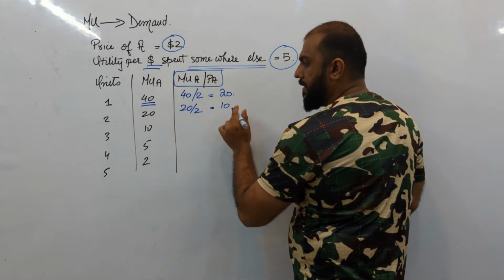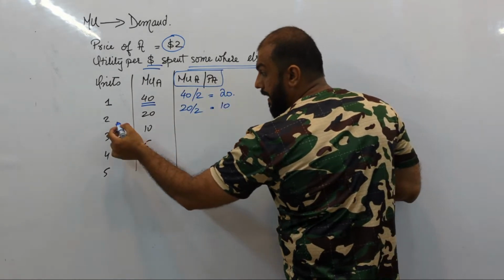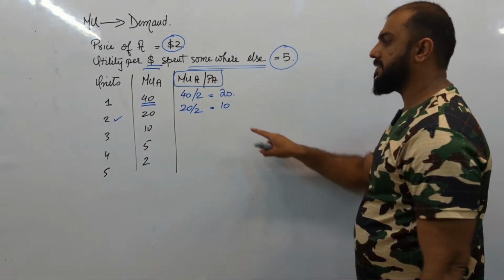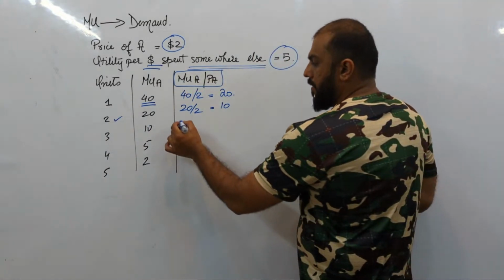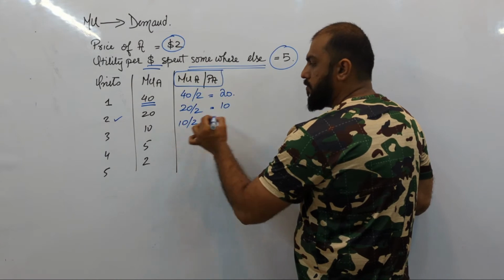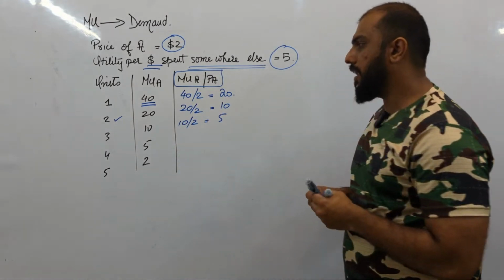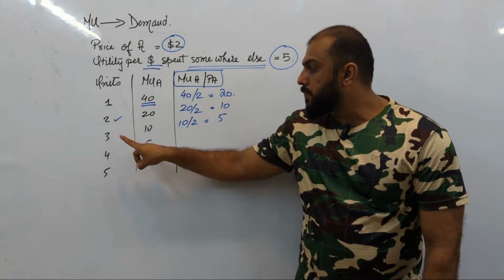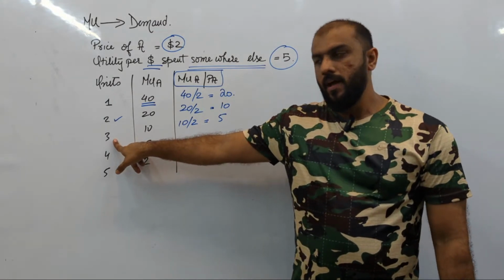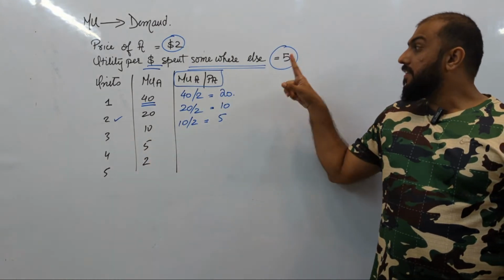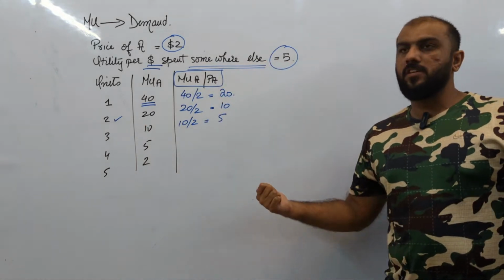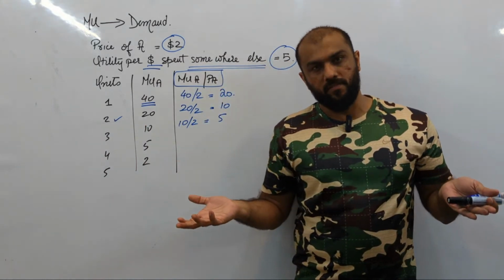This gives me 10. So for every $1 I spend on the second unit of A, I get a satisfaction of 10. Moving on, 10 divided by 2 gives me 5. Now, for every $1 I spend on the third unit of A, I get a satisfaction of 5. And if I spend it somewhere else, I get a satisfaction of 5. So it does not make a difference, right?